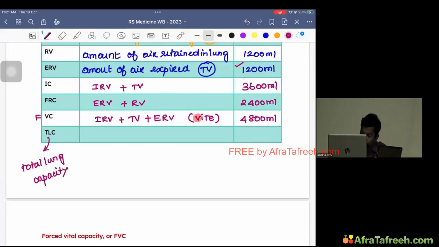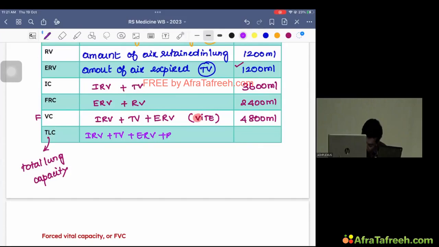Total lung capacity is equal to IRV plus tidal volume plus ERV plus residual volume, which is 4800 plus 1200, equal to 6000 ml.